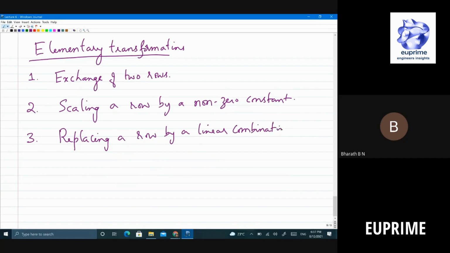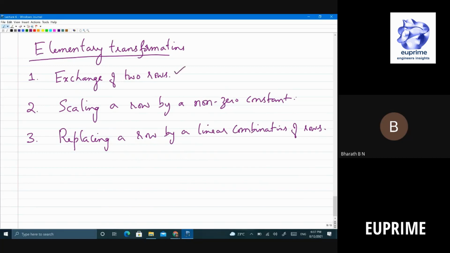For example, I can take a row, multiply it by a constant and add it to the previous row, and the resulting vector is what I'm going to write. These are elementary, right? But you should be able to check that you can get back.